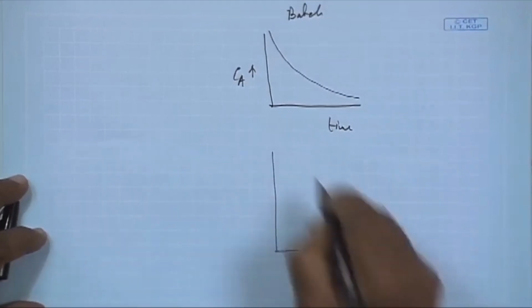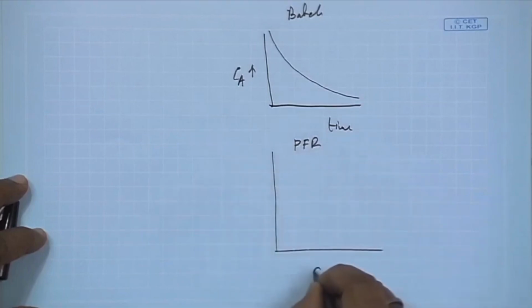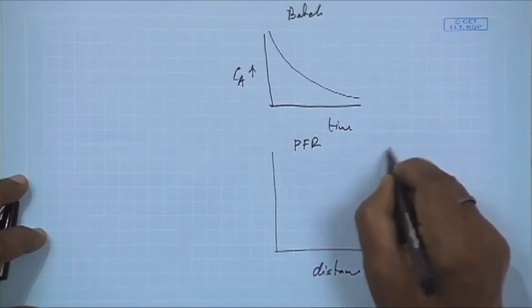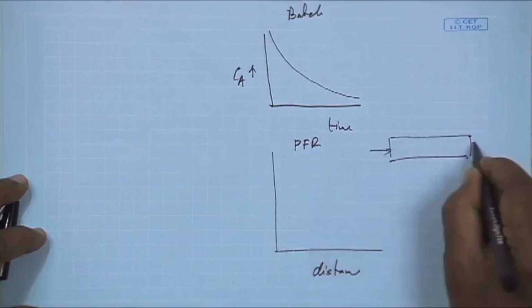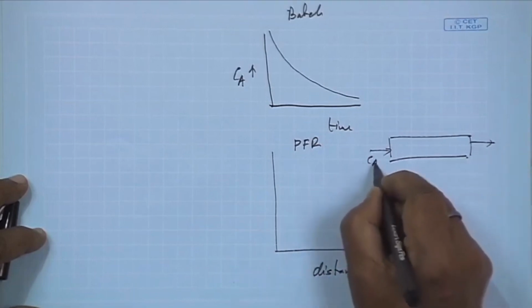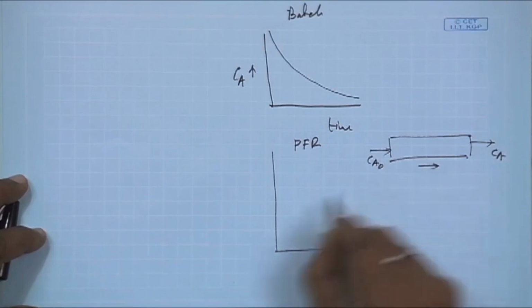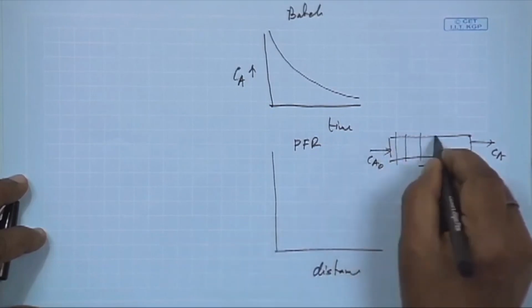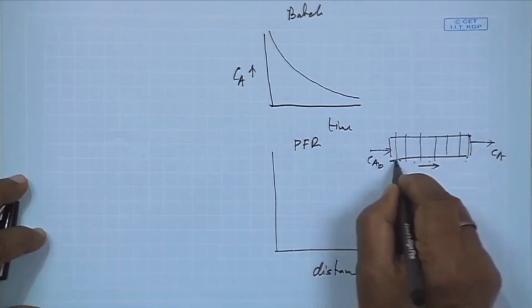Now in the plug flow reactor, this is distance, because the liquid is flowing from one end to the other. This is CA0 and this is CA. The liquid flows in this direction, and this is with respect to distance. So you can take samples at different locations, and the CA value will be different.